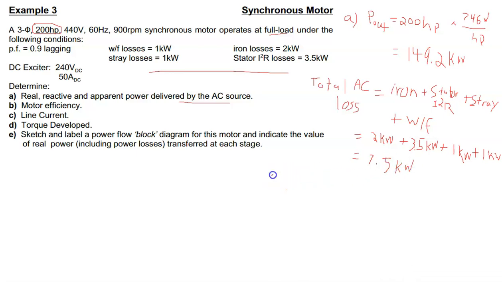Now that gives us an AC power in equal to the mechanical power out, which is supplied by the AC source, plus the AC losses.